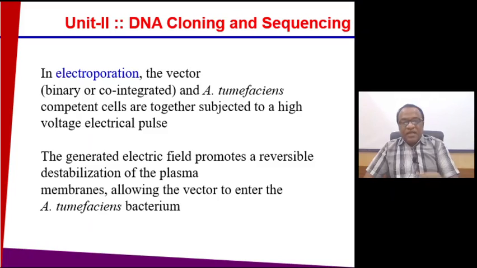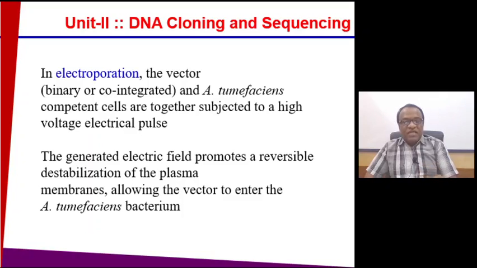Right? And next we have the electroporation. What happens in electroporation? In this case, the vector, that is binary or co-integrated, and Agrobacterium tumefaciens competent cells are together subjected to a high voltage electric pulse.